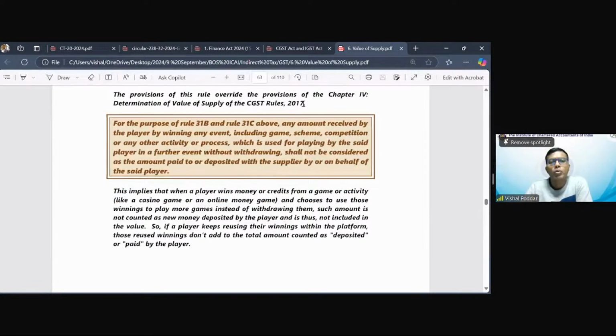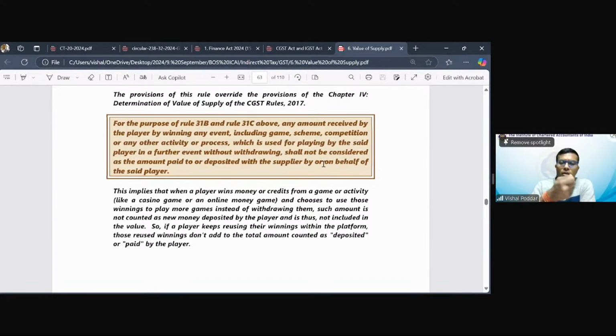Again, the provision of this rule overrides the provisions of Chapter 4, that is the entire valuation rules. And for the purpose of Rule 31B and C, that is online gaming and casino, any amount received by the player by winning any event, including game, scheme, competition, or any other activity or process, which is used for playing by the said player in a future event without withdrawing, shall not be considered as the amount paid or deposited with the supplier.